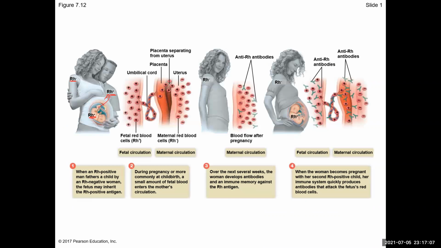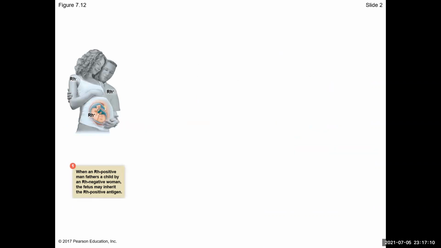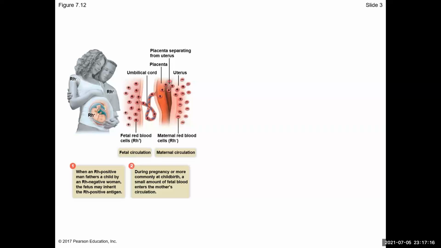And so when that happens, you have the Rh negative mother and Rh positive fetus, and what can happen then is that Rh positive blood can travel through the umbilical cord into the placenta, and then through the uterus into the mother's bloodstream, causing this to interact and create those anti-Rh antibodies.